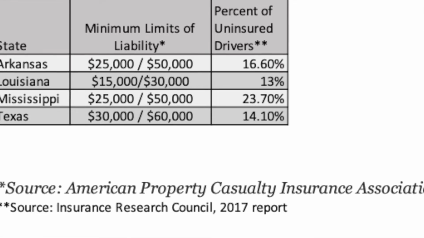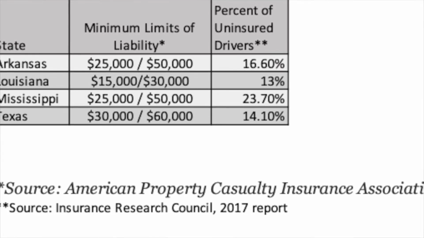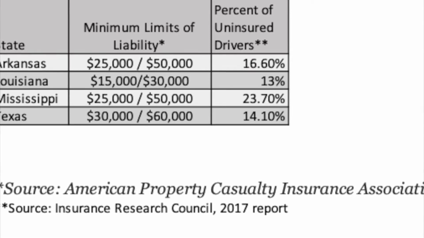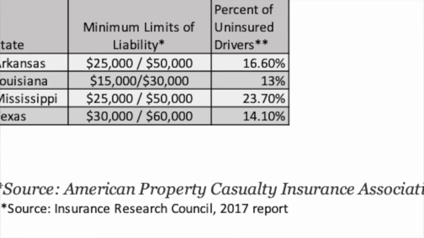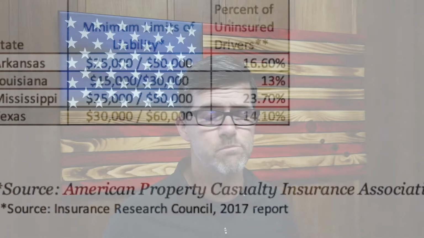So think about that with Louisiana. If they have a state minimum policy, it's only going to pay up to $15,000 per person for medical expenses and $30,000 for medical expenses per accident. That's not very much. If you are involved in an accident where you're just moderately injured, they're probably going to run out of insurance before all of your medical bills are taken care of.